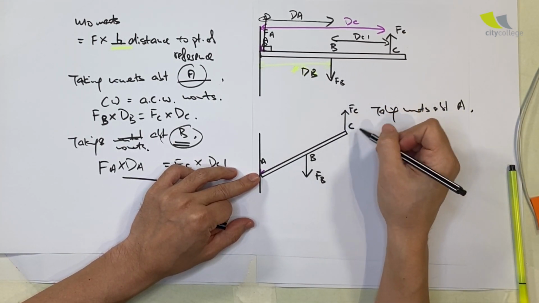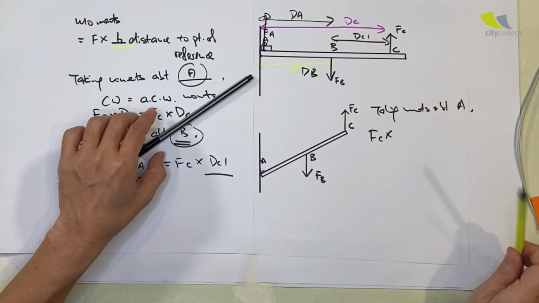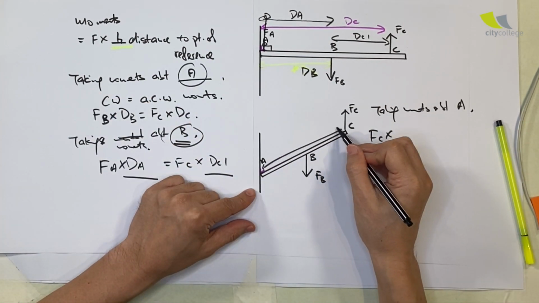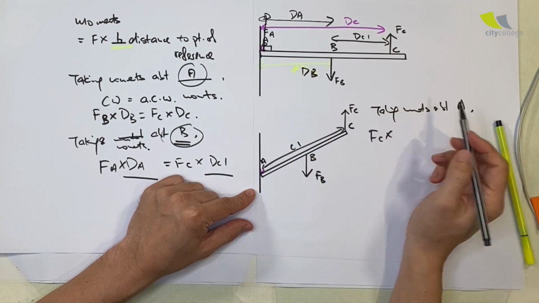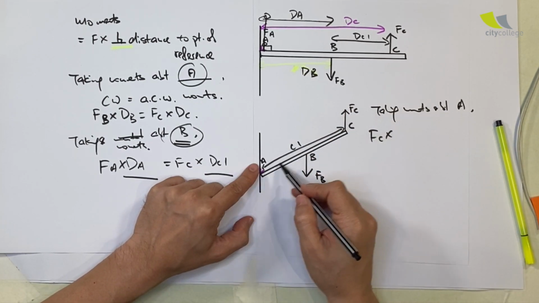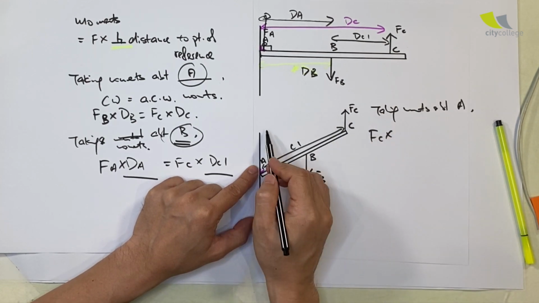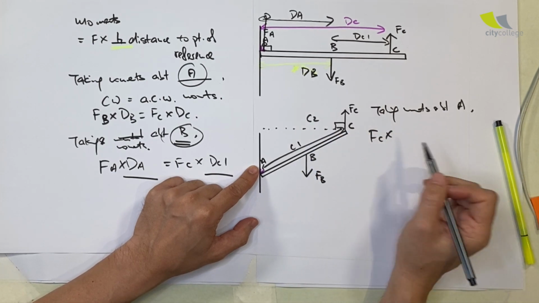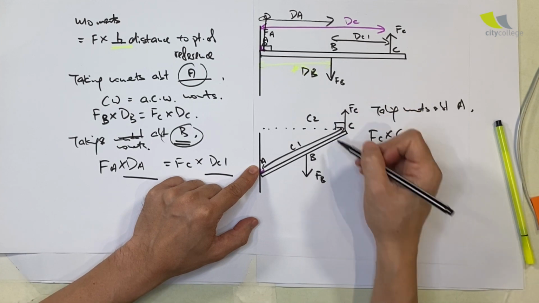So the moment of C will be FC multiplied by this distance, which is, let's say the length of this whole plank is C1. Do you do this whole thing? This distance is not perpendicular to the force. So you have to find out what this is, C2. So it has to be FC multiplied by C2. Then you get your moments.